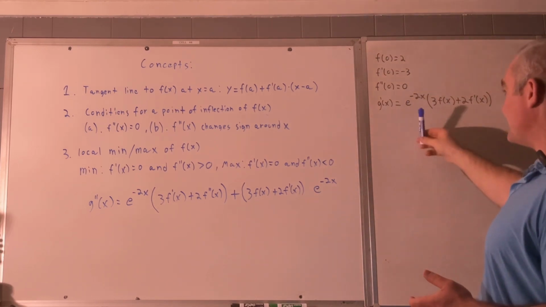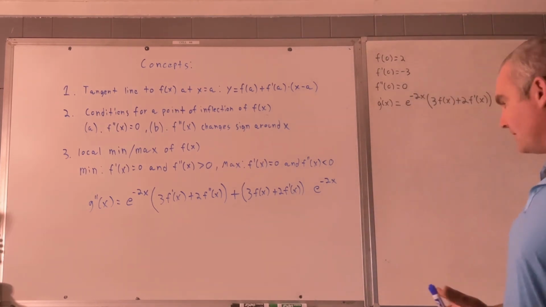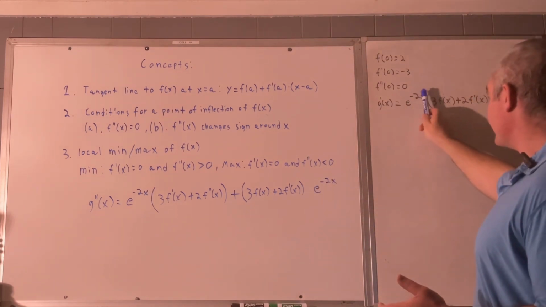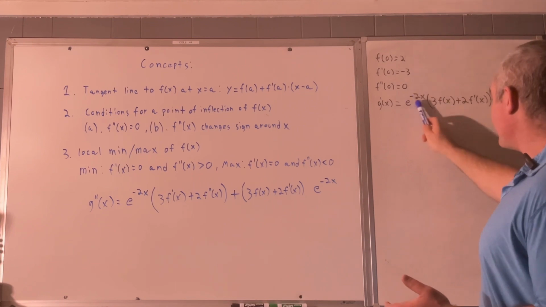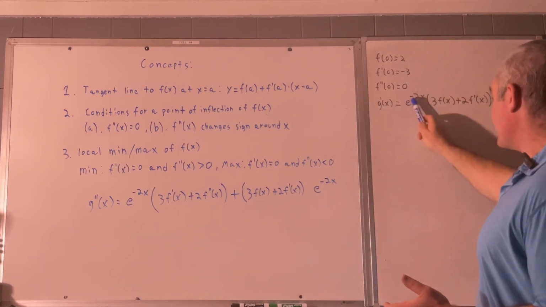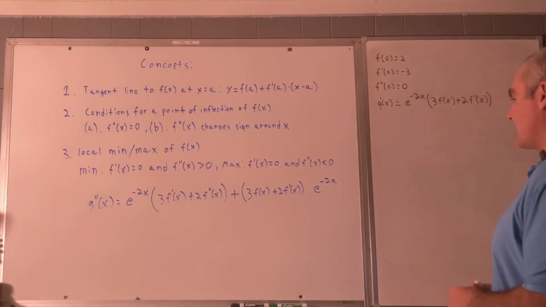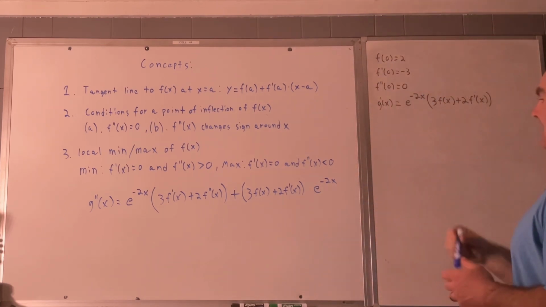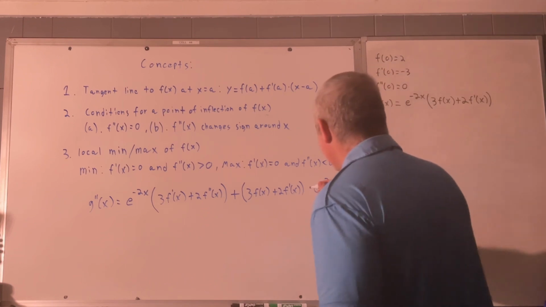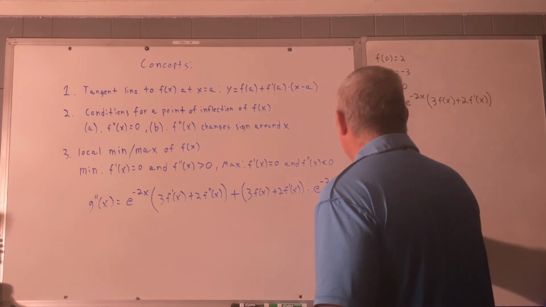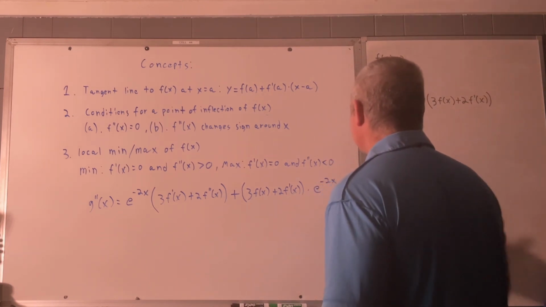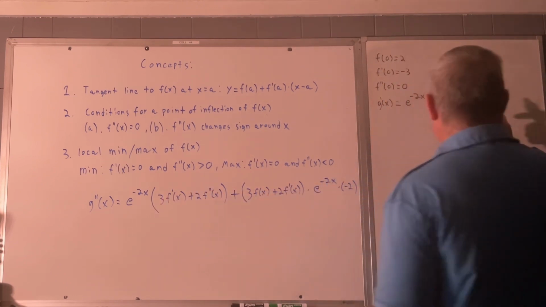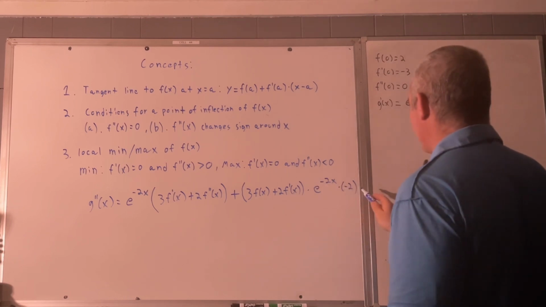The outer function is the exponential function. That's why we just recovered the thing itself, times the derivative with respect to x of this thing you're raising e to. That is our inner function. And the derivative with respect to x of that is negative 2. So there we go. First times derivative of the second plus the second times the derivative of the first.